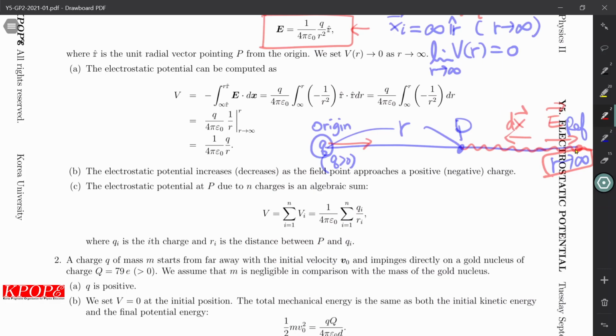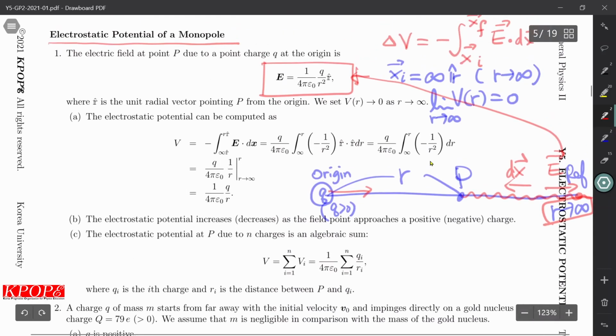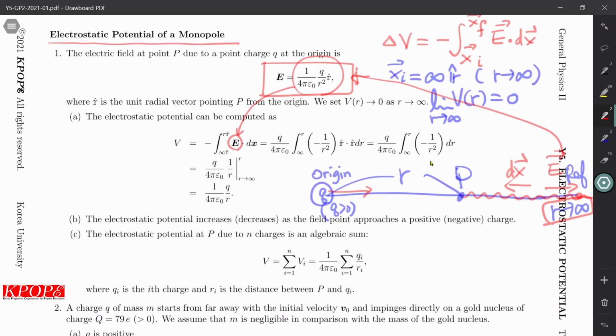Alright, we substitute the electric field. This is the electric field, in the radial direction. We substitute it in here, and dx is dr times the unit vector of the radial direction.